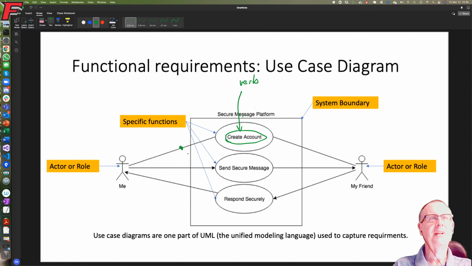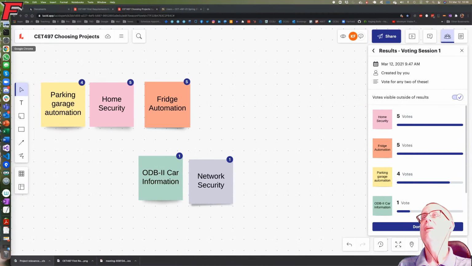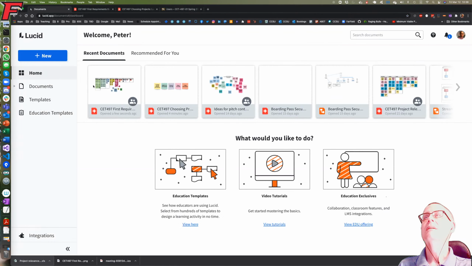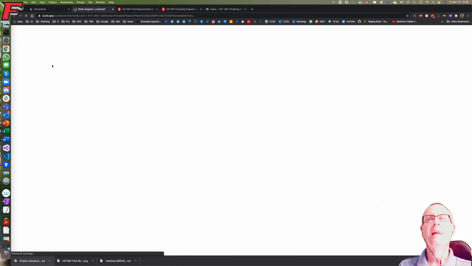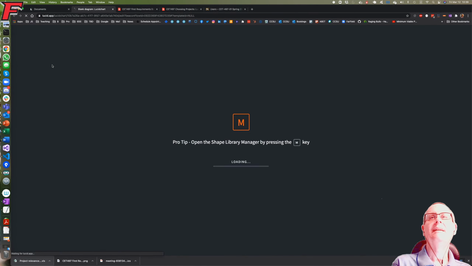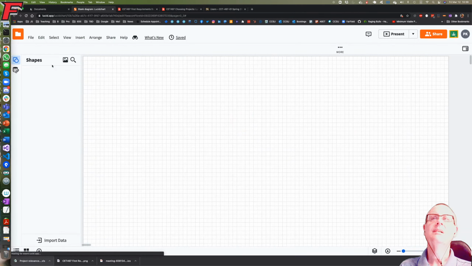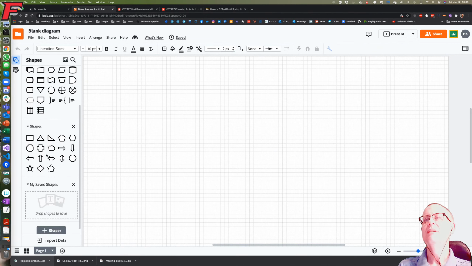So there's a bit of thought, and again, I like lucid.app, and what you can do is you can go here and do a lucid document, and if we open that up, there's all sorts of shapes here.